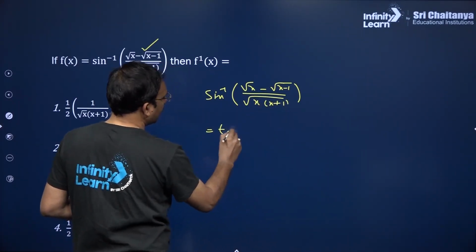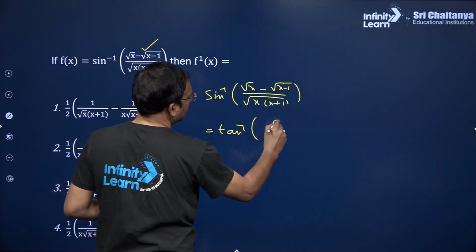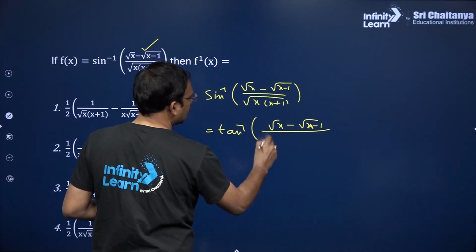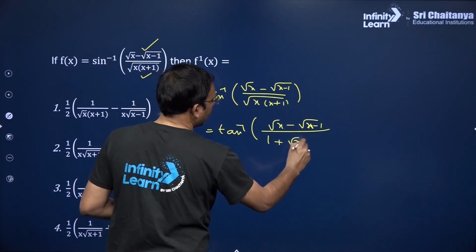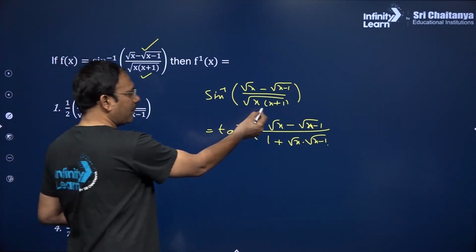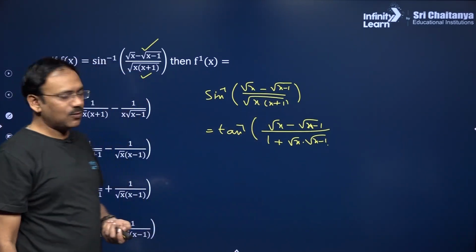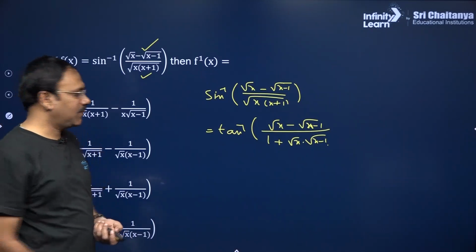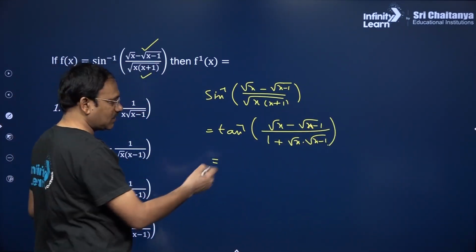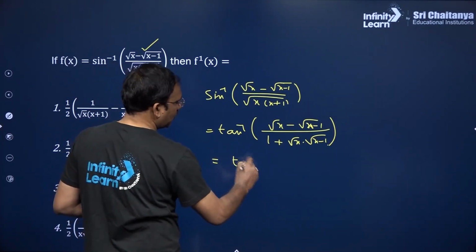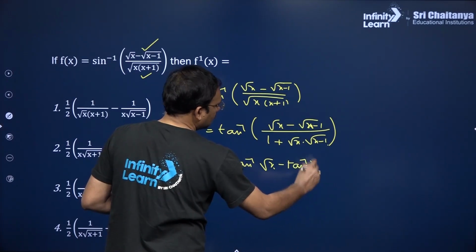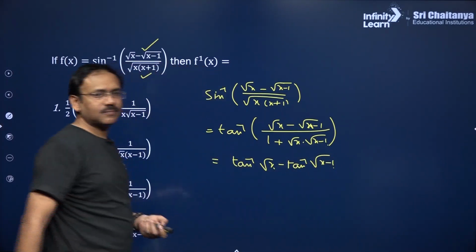You can comfortably convert into tan inverse of, opposite side is the same, if you just compute the adjacent side it will become root of x into root of x minus 1. You just see, my dear friends, hypotenuse square minus side square under root you do, you are going to get the same. So it is like tan inverse of x minus y by 1 plus xy, denominator positive, so you can write tan inverse root x minus tan inverse root of x minus 1.